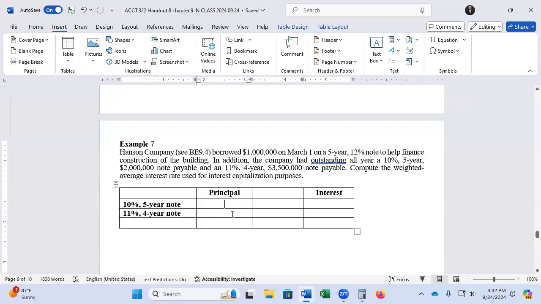Okay, so we said we have a 10% 5-year note for $2 million, and $3.5 million on the principal. And so total-wise, 5,500,000.